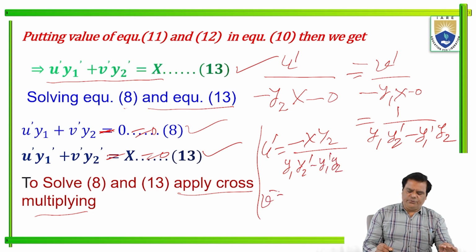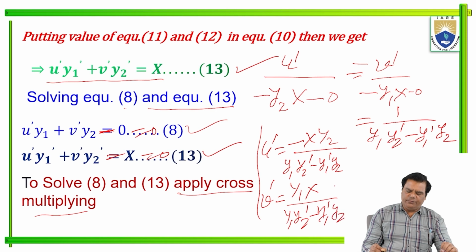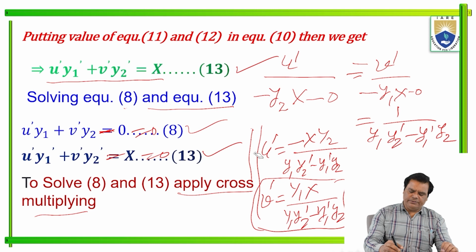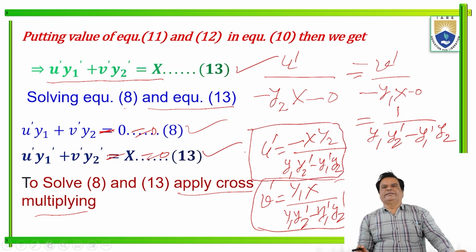V dash is equal to plus x y1 upon y1 y2 dash minus y1 dash y2. This is u dash and v dash.